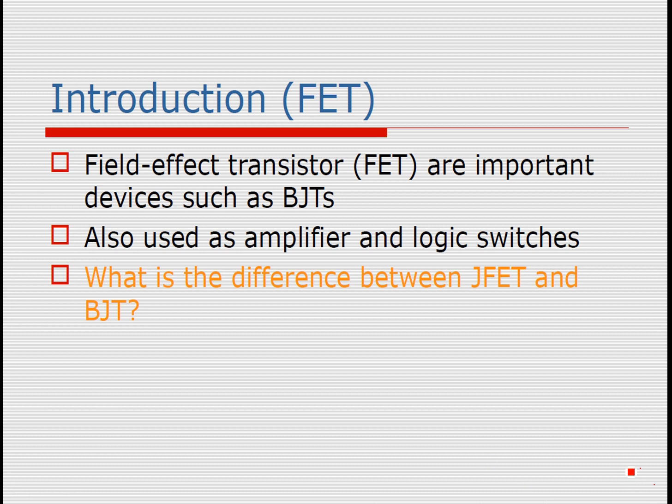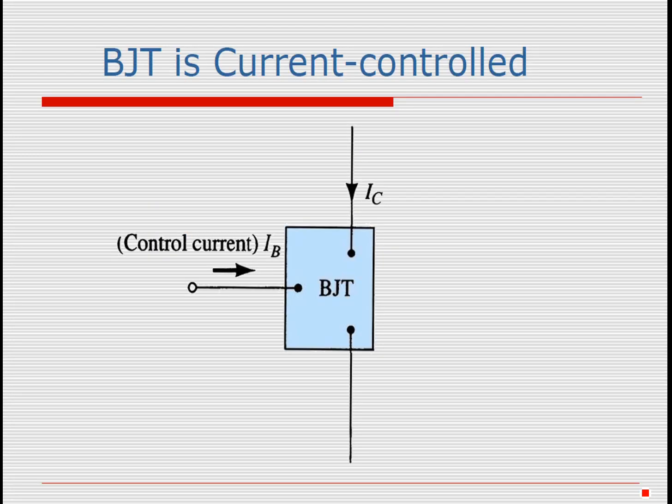So let's see what is JFET. If you consider the bipolar junction transistor, it is a current controlled device. BJT is a three-terminal device. Here you can see this is the emitter terminal of BJT, this is the base terminal and this is the collector.